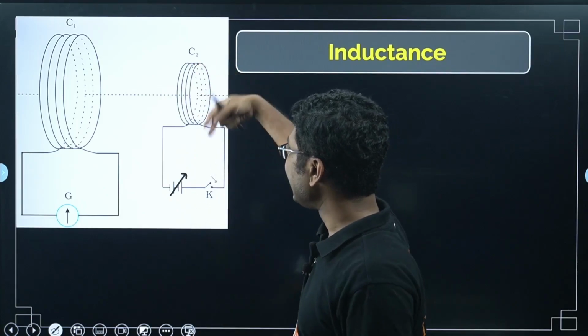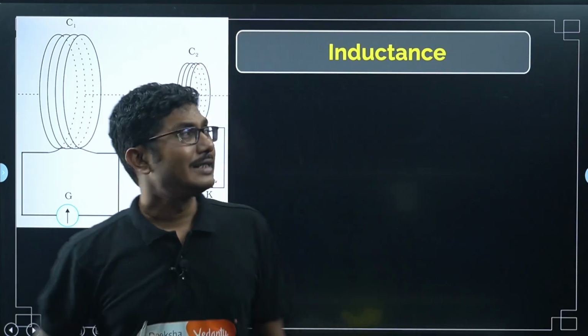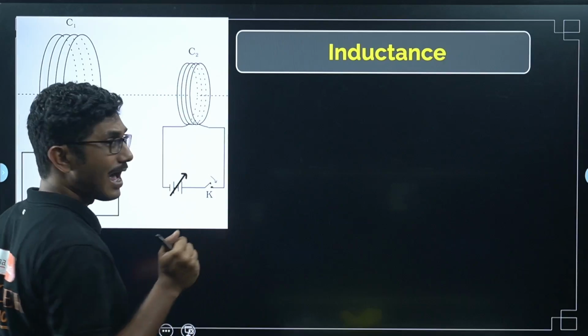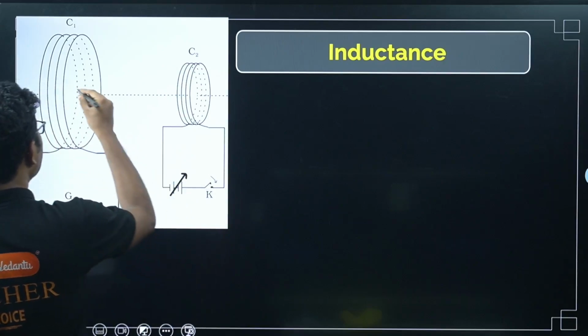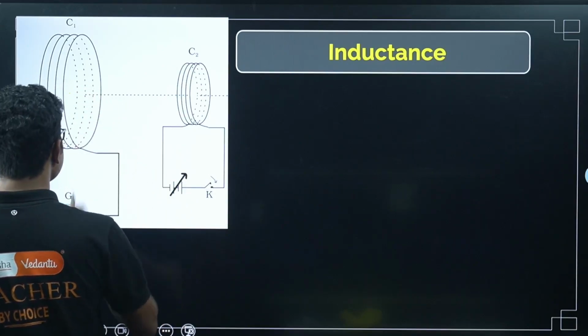Now if I change the current through this coil, I know that this is a coil, so this coil will have a magnetic field at this point. Suppose this distance is x.